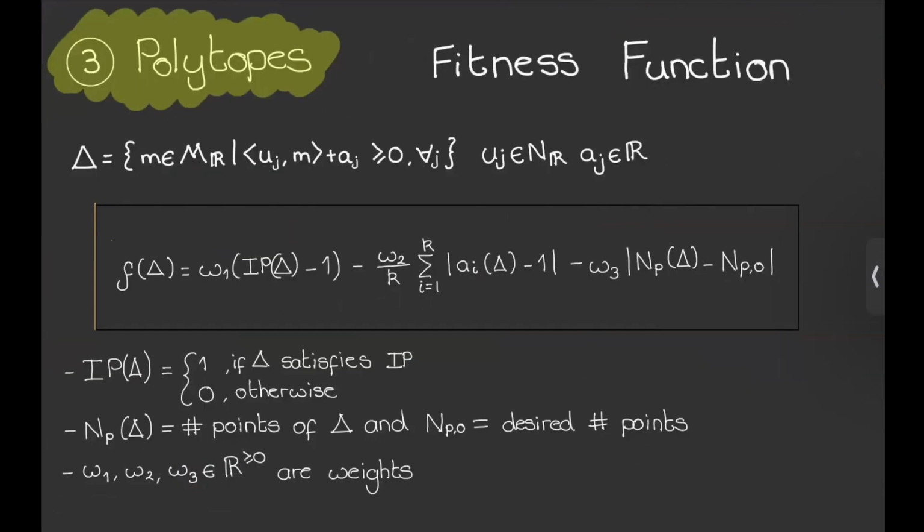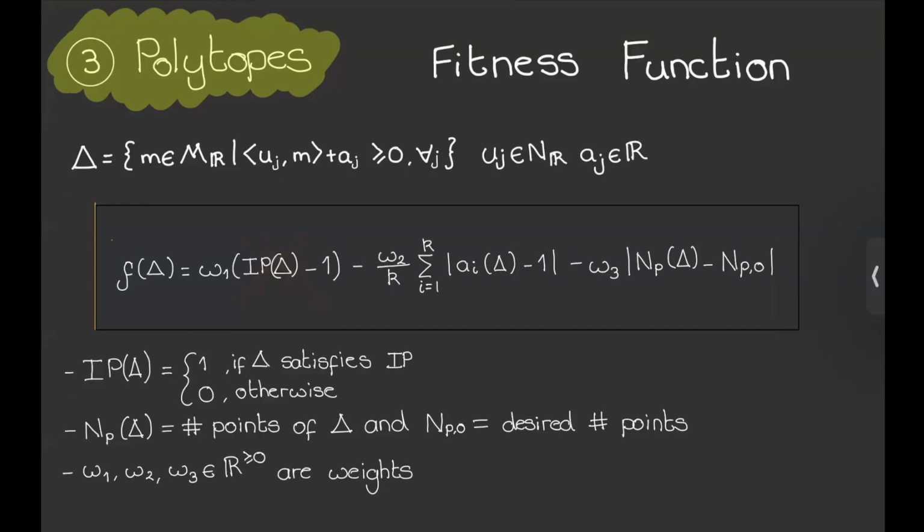As I said, the fitness function for us gave a score to a polytope based on how close it is to being reflexive. Taking the definition of a polytope in its hyperplane representation, we define our fitness function as you see here. For now, let's just ignore this third term and focus on the first two terms. I_P of delta is 1 if delta satisfies the AP property, 0 otherwise. So if delta is a reflexive polytope, this first term will vanish.